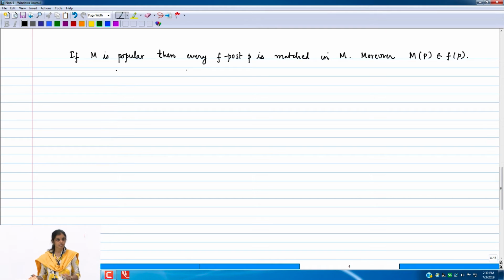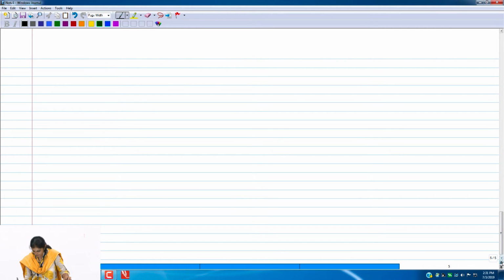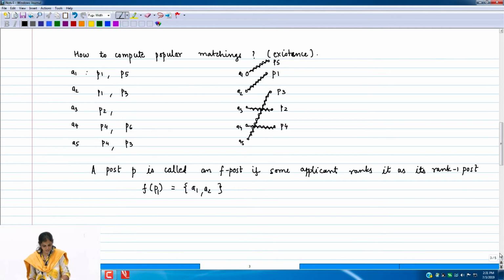So without knowing whether a popular matching exists, what we are saying is, if a popular matching exists, it must look like this.